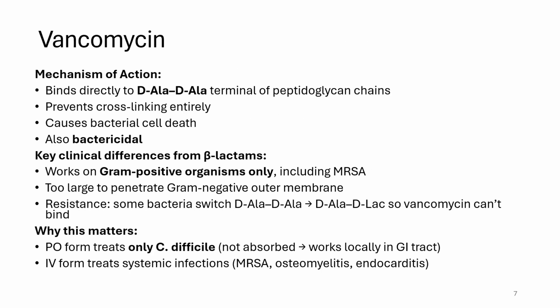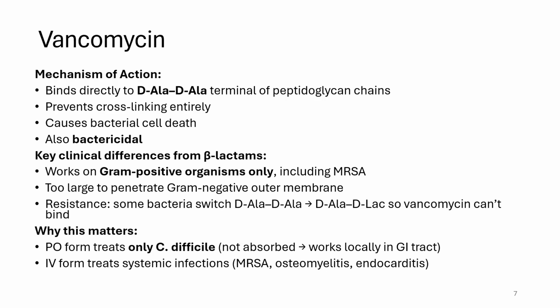Okay, so vancomycin also targets the cell wall, but it works differently than the beta-lactams. Vancomycin binds directly to the D-ala terminal of peptidoglycan chains, which completely prevents cross-linking. So what this does is it leads to bactericidal cell death, making vancomycin bactericidal as well.